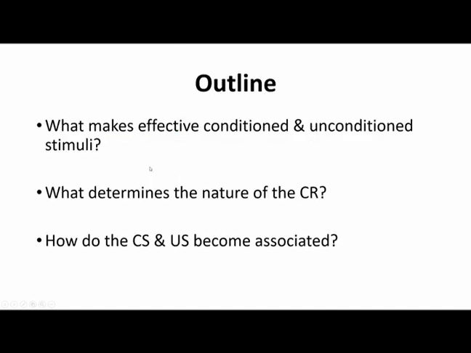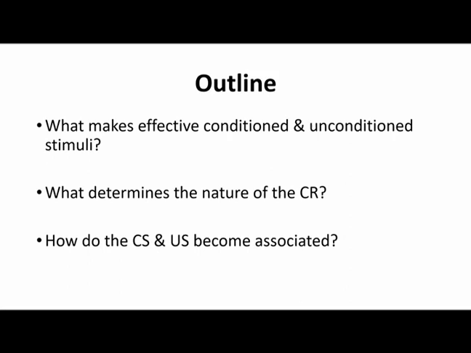All right. So that was us talking about what makes an effective conditioned and unconditioned stimulus, what sets up our CS and our US. Next, we can look at what determines the nature of our conditioned response. So we've already seen a large variety of responses that can become conditioned.